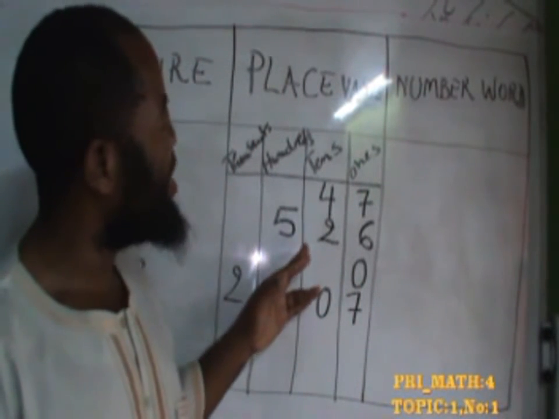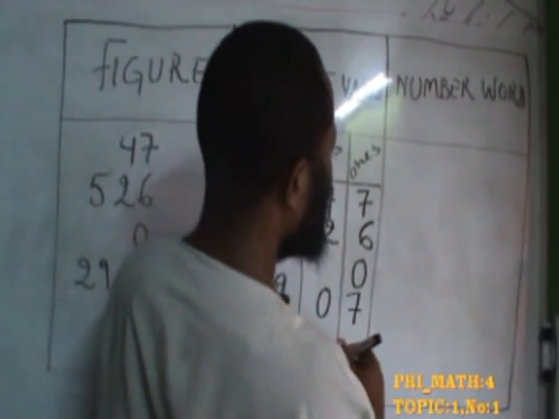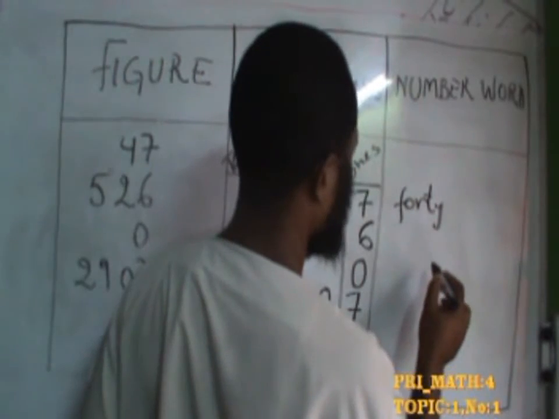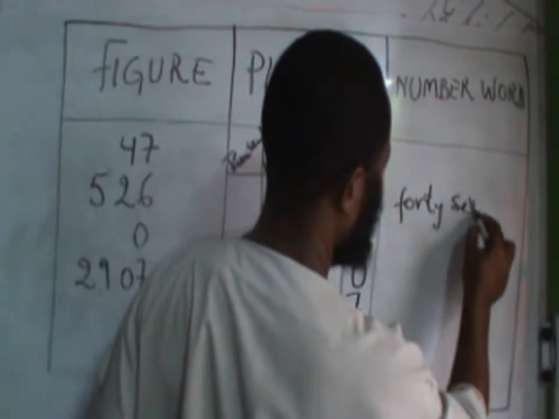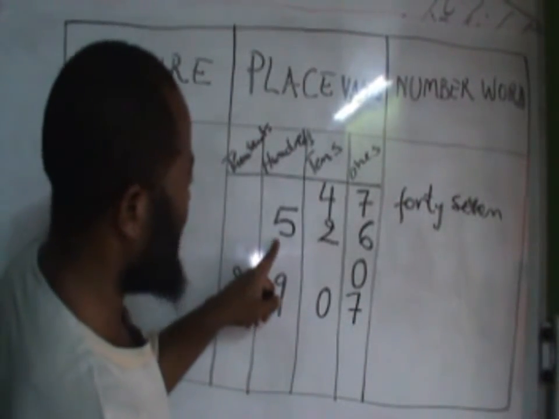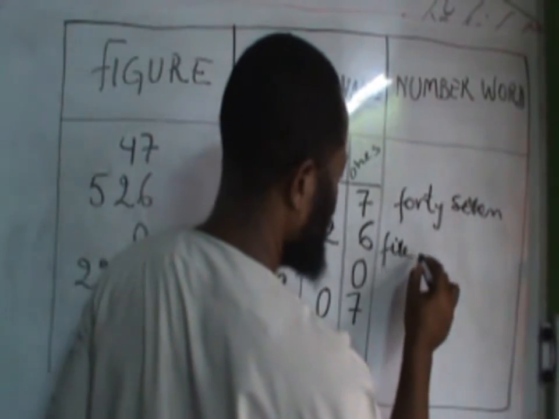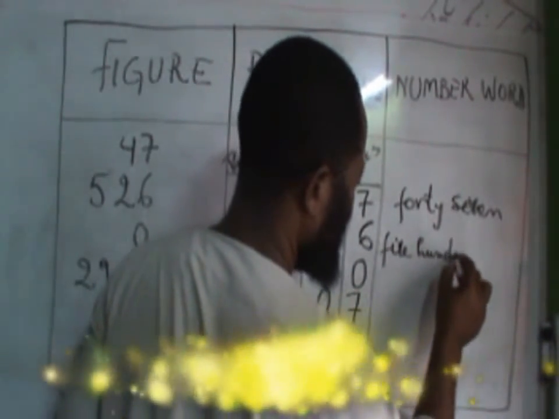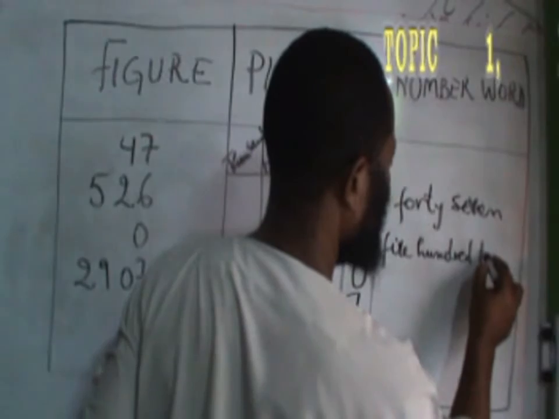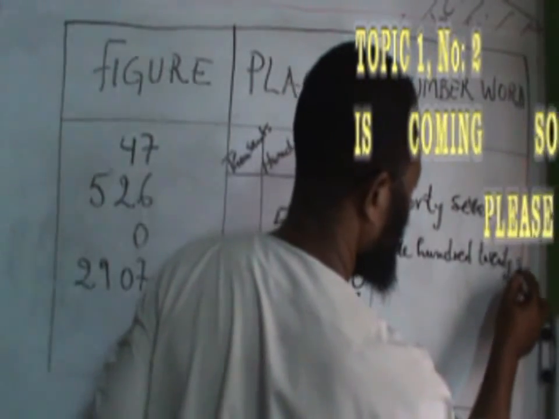Now let us represent them by letters. This is 47. This is 526. 500, 20, 6.